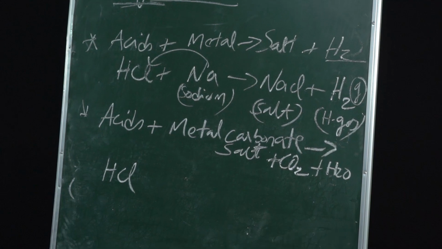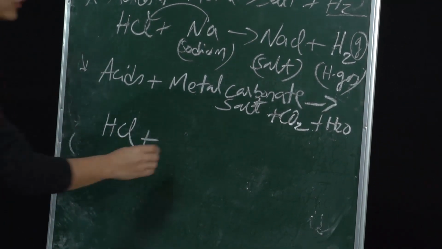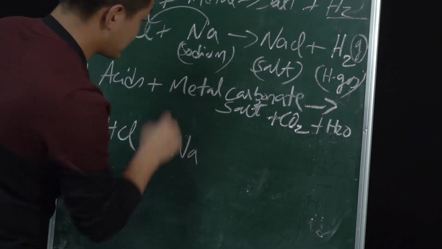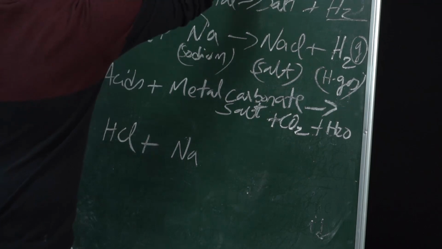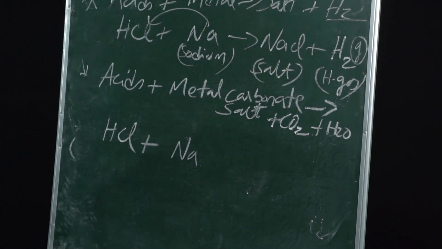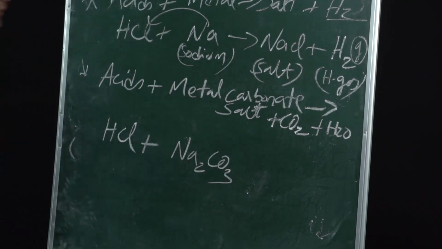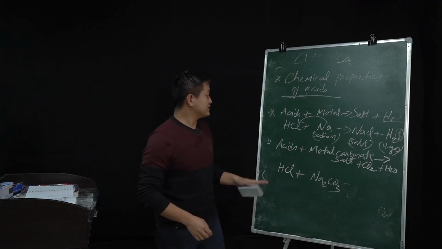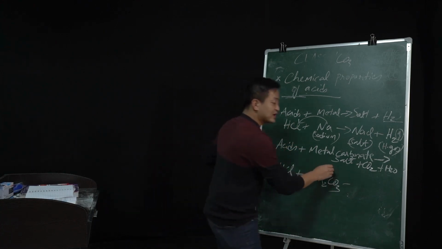Now metal carbonate, metal, let's use the same one, that is sodium. And then carbonate means it is always CO3. Okay, students, carbonate means it is always CO3. So students, the second one, when acids react with metal carbonate, we will get salt.